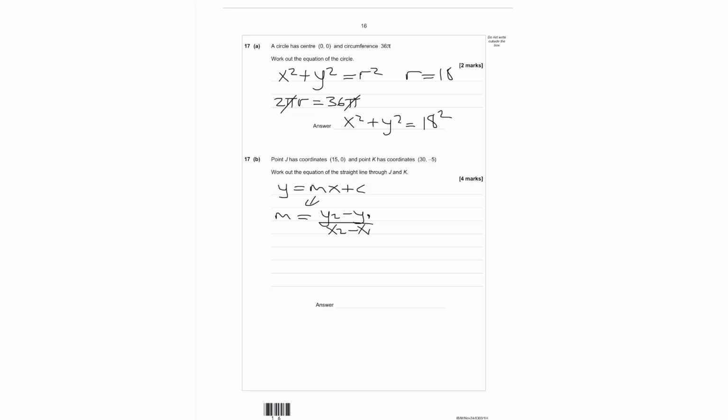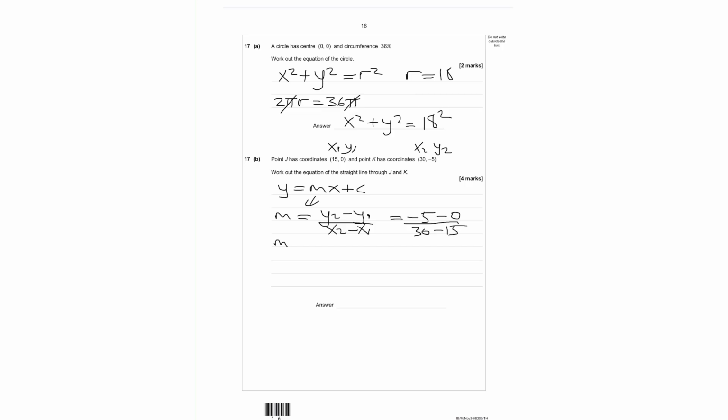And I'm just going to assign these now. So if we say that J is the first set of coordinates and K is the second set of coordinates, then this would be x1, y1, and this would be x2, y2. And if we plug those values in, we have minus 5 minus 0 over 30 minus 15.